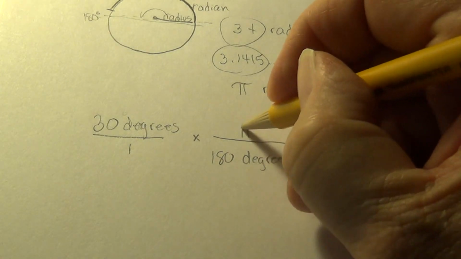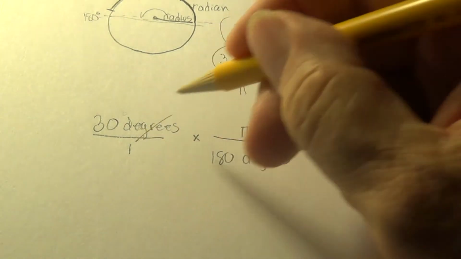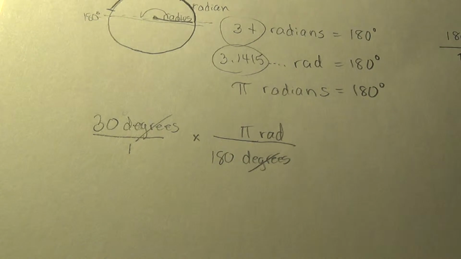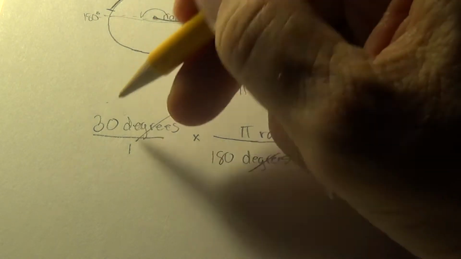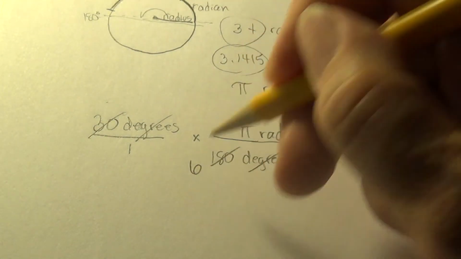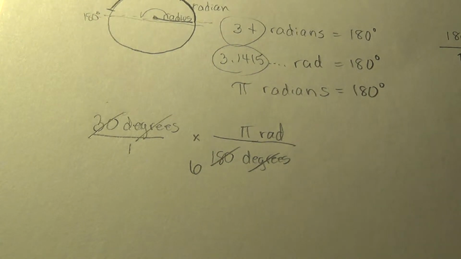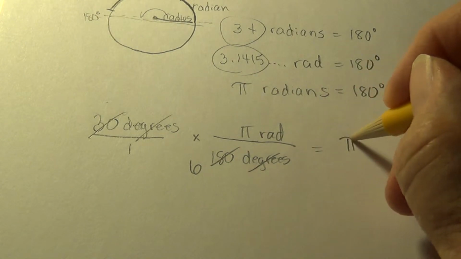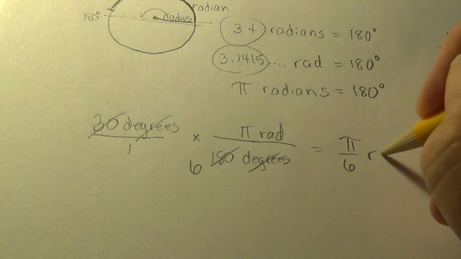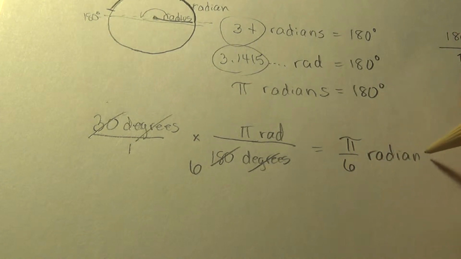And that's pi radians. And you cross out the degrees, and 30 goes into 180 6 times, so reduce that way. I end up with pi in the numerator, 6 in the denominator, radians. So 30 degrees equals pi over 6 radians.